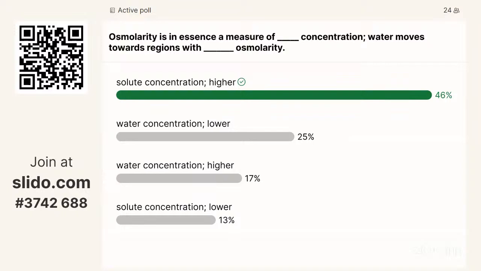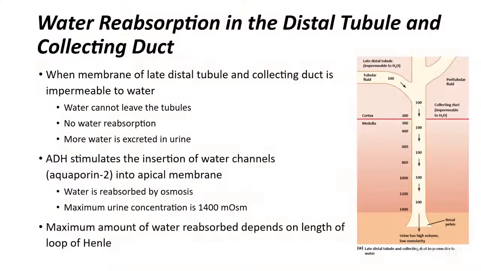So our water is always going to be moving towards those highly osmolar regions, so towards high numbers, because it's moving towards those regions where there's a lot of solute and therefore relatively less water. So think of those numbers as like the bigger the number for the osmolarity, the bigger the pull on the water. Okay, so I'm glad I asked that so that we reviewed that.